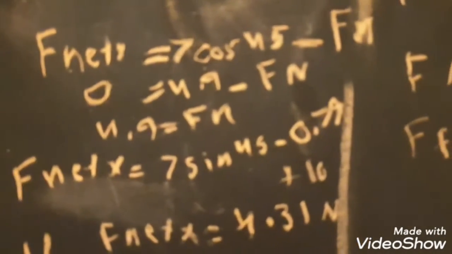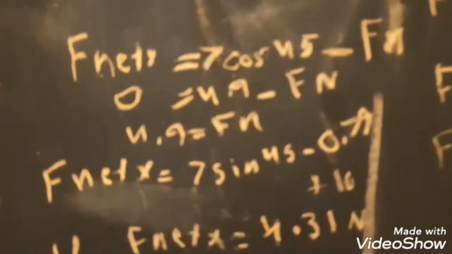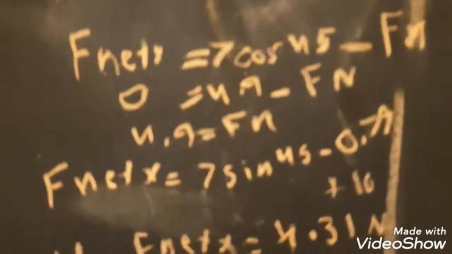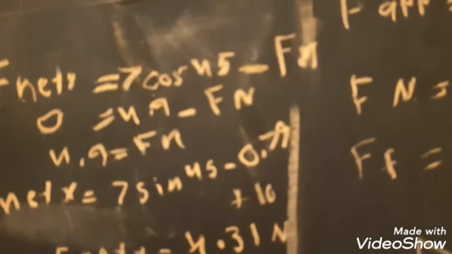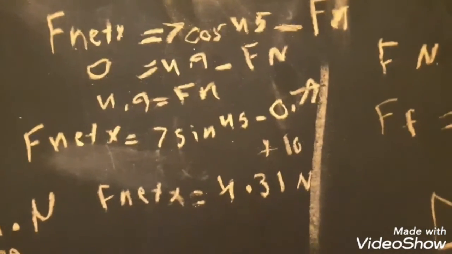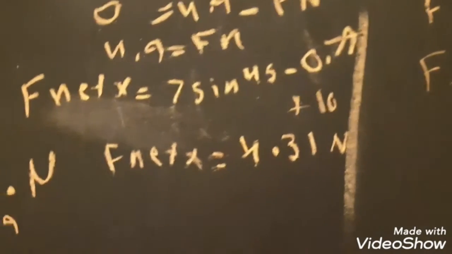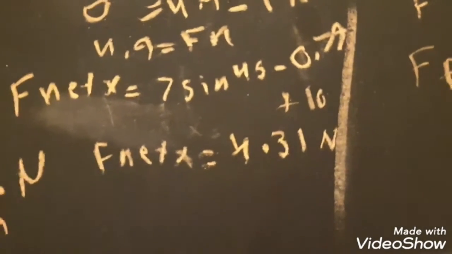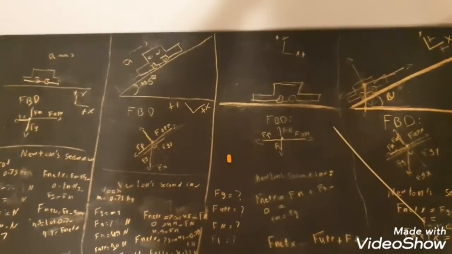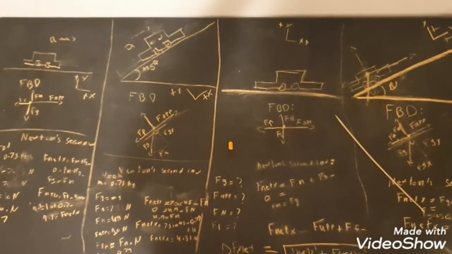F net x will equal the force of gravity in the x direction minus the friction plus the applied force, and we get 4.31. And now we have successfully answered every question that we included at the beginning.